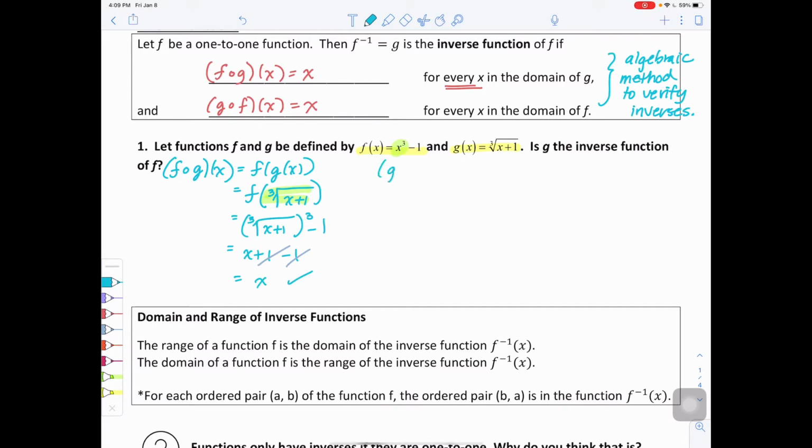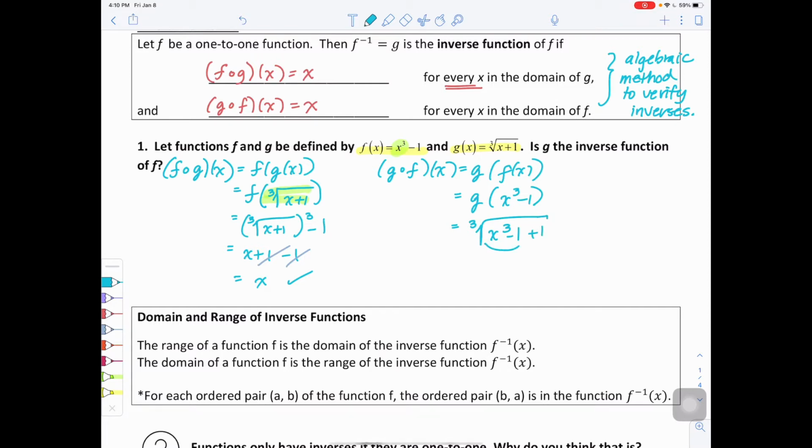Now, let's compose the function g with f. That's equal to g of f of x, which is g of x cubed minus 1. We go into the g function, and everywhere there's an x, we put an x cubed minus 1. So we write the cube root of x cubed minus 1, and we can't forget about that plus 1.